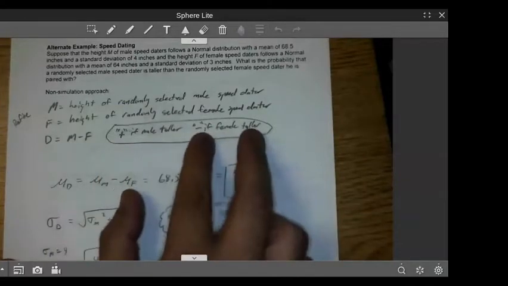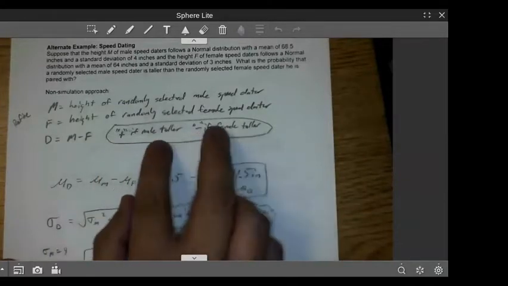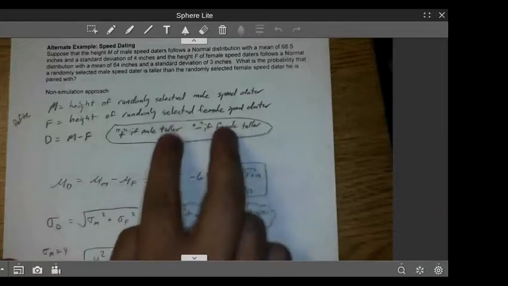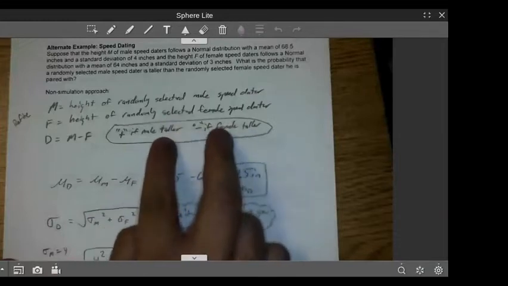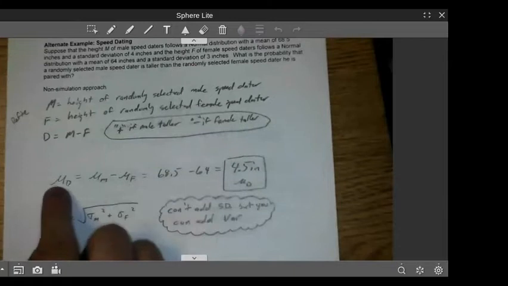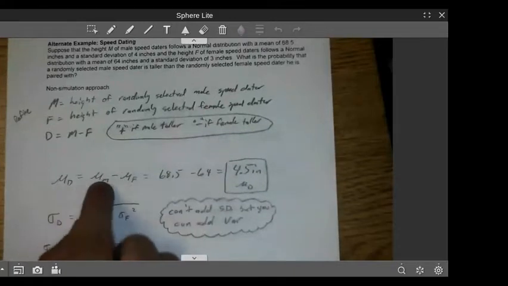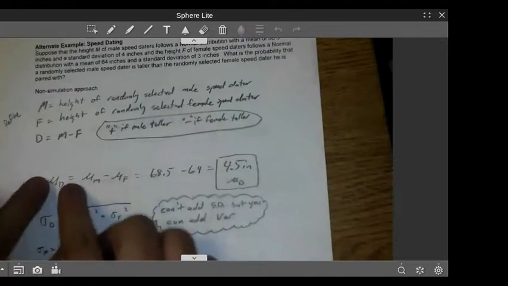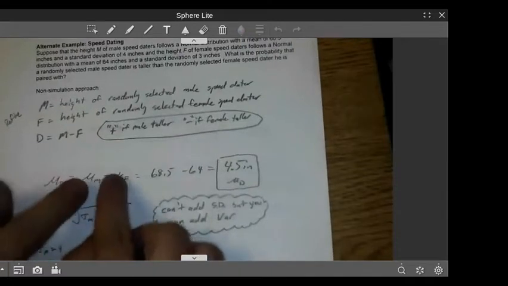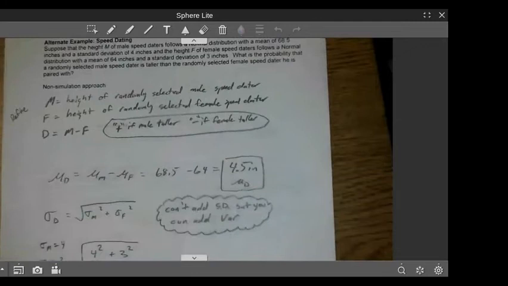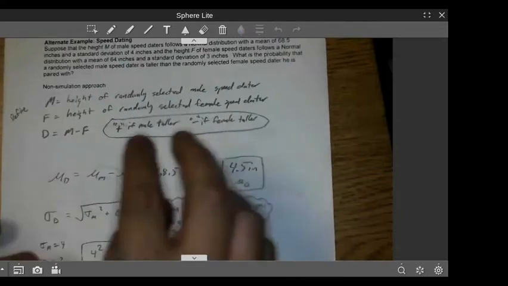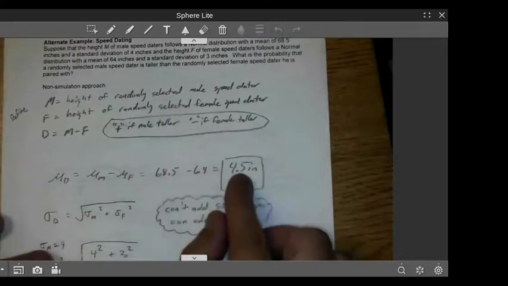If negative, the female is taller. Sometimes we don't think about this very carefully, and it can be a problem. All right, the average of the difference is the difference of the averages. And just be happy that it works out that nice. So on average, the difference is 4.5.